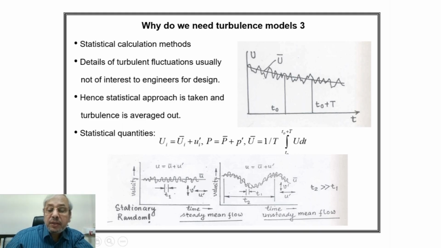So the turbulent fluctuation time period is so small that frequencies may be as high as several kilohertz. The time period is small. One by time period is the frequency, and frequency is of the order of maybe several thousand hertz.